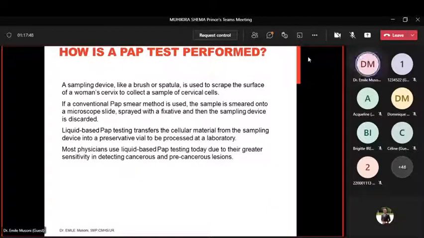When you are going to use the conventional pap smear, the sample is immediately made into a smear on the microscope slide and then put in a fixative. The fixative here is alcohol 95%. This is the fixative used in cytology, alcohol 95%.